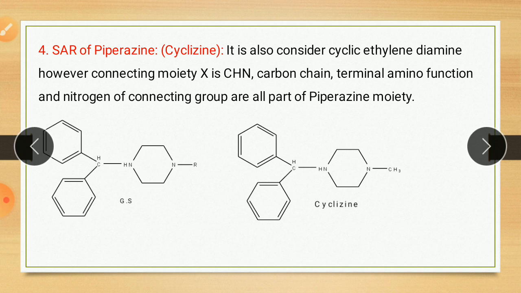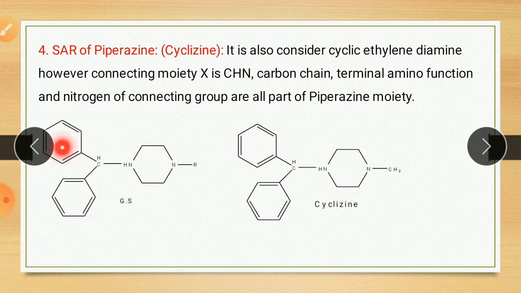So here connecting X, which is CHN, then the spacer chain, that is the ethylene chain, and the terminal amino function and nitrogen are part of the cyclic compound. Therefore it is called a piperazine derivative.